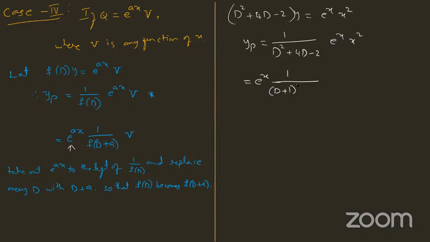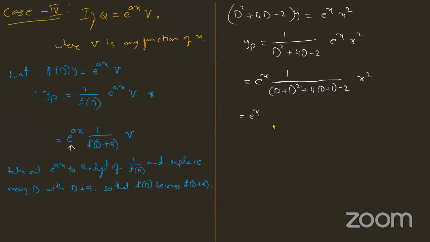So it becomes D plus 1 whole square plus 4 times D plus 1 minus 2, and you just write only this remaining function x square here. See, instead of x square, if it is sine 2x, you just continue that sine 2x here. Okay, then it is equal to e power x. See, this e power x remains as it is till the end of the problem. Finally, we just write that e power x as part of the solution, but we never use that.